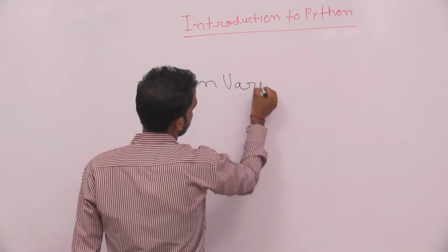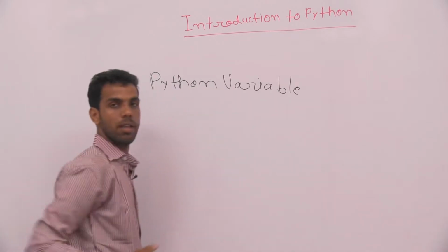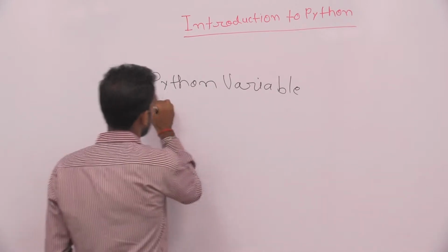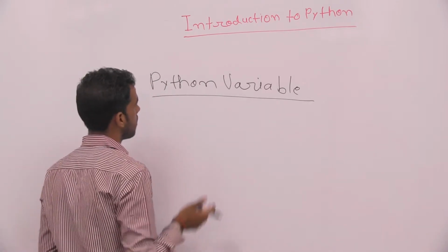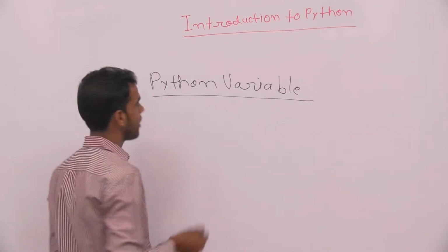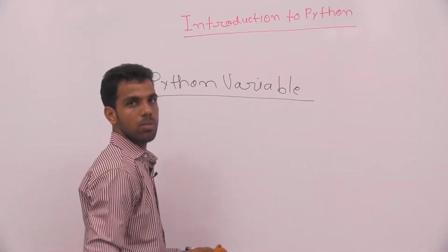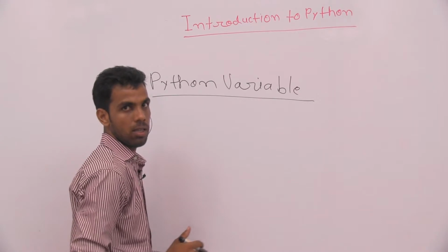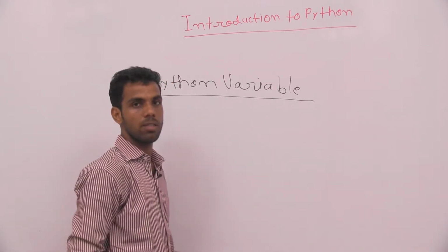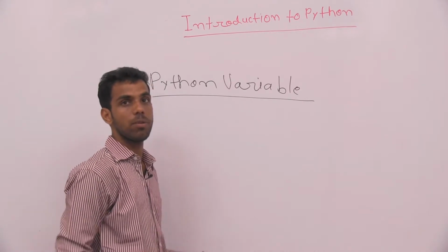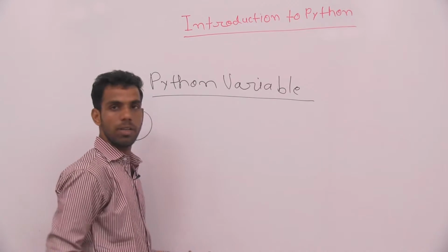A variable shows a memory location where the data has been stored. There are some rules for declaring any variable. The first rule is that a variable name should not be a keyword. Keywords are defined in the Python interpreter; they have special meaning and cannot be used as variable names.